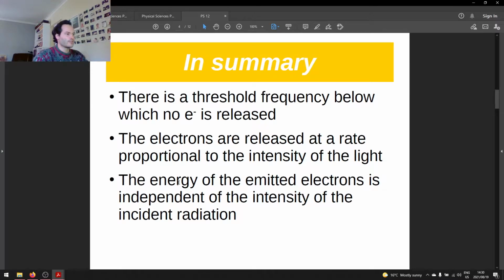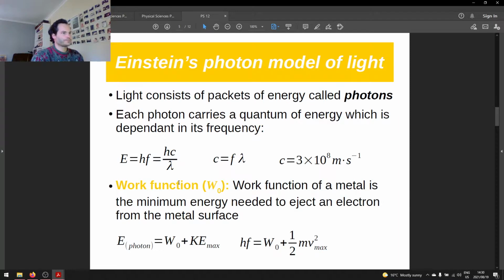Then the energy of the emitted electrons is independent of the intensity of the incident radiation. So the electrons are going to have an energy, but that is only tied to the energy of the photons, again, not how many photons strike the surface. And this is again why we say that here we look at the particle nature of light.